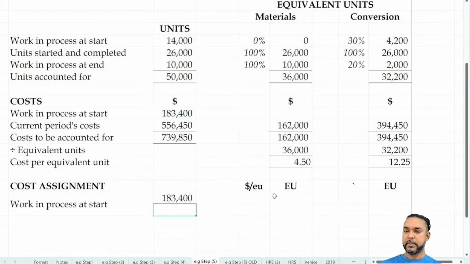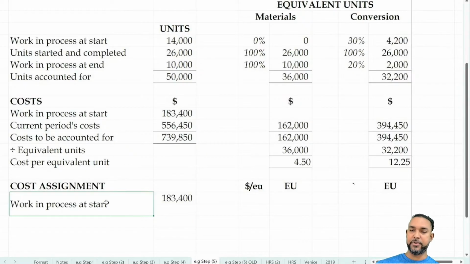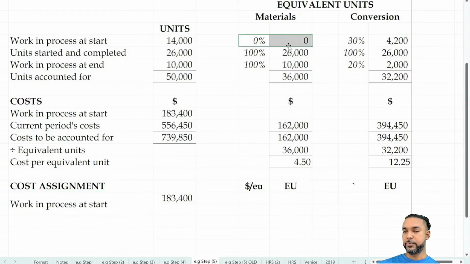Now, again, for the work-in process at start, no materials work was done on it in the current period because all the materials work was done in the previous period. For the conversion, the cost per equivalent unit for conversion is $12.25.